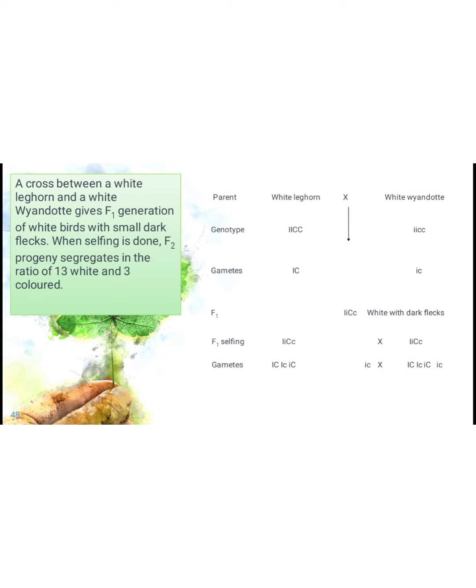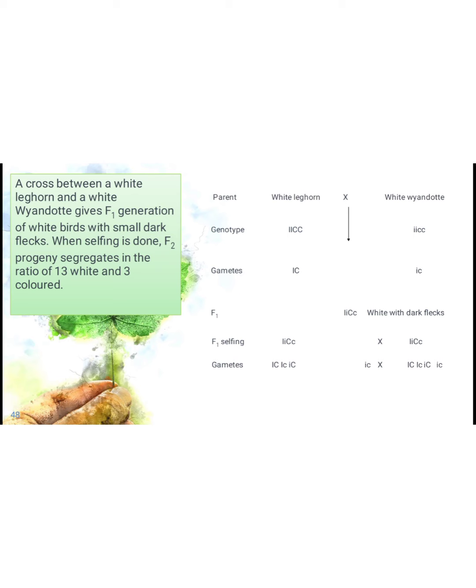Let's see, the White Leghorn. In the White Leghorn there is one gene for the color character that shows the color, but another dominant gene is present, known as the inhibitory gene, that inhibits the color character, due to which the White Leghorn does not produce the color character and so it is white. Then the White Wyandotte: here the inhibitory gene is recessive and the color gene is recessive, due to which it also produces the white character.